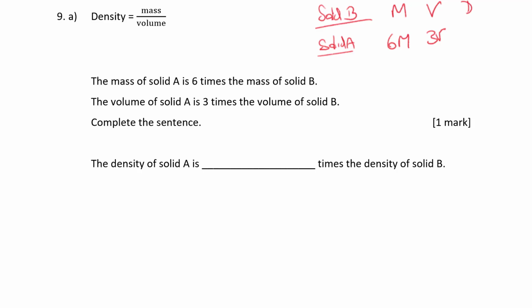Density for this one is going to be big M over V. And the density of our solid A is going to be 6m over 3v. Simplifying that down, that's 2 lots of m over v. In other words, our solid A is going to have a density which is twice as big as solid B. So I'm going to say it is 2 times the density of solid B.